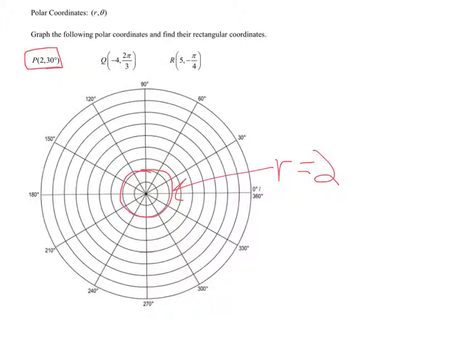Now to figure out exactly where, let me go ahead and erase that. To figure out exactly where, we're going to start at 2 comma 0 degrees, which would be that point right there. And we can see the angles along the sides.